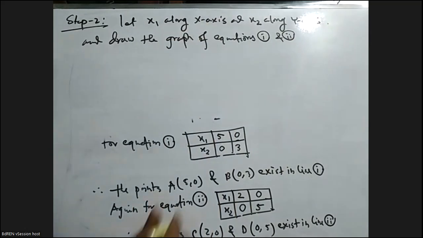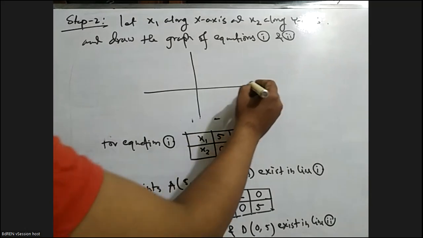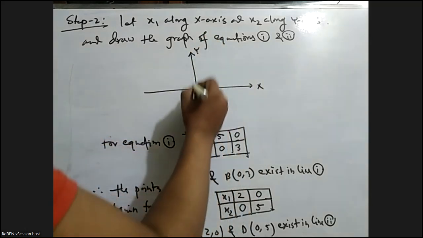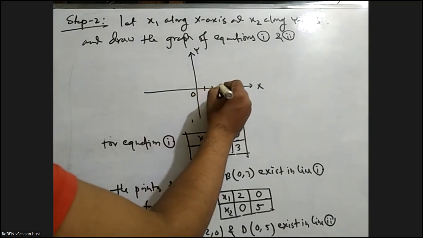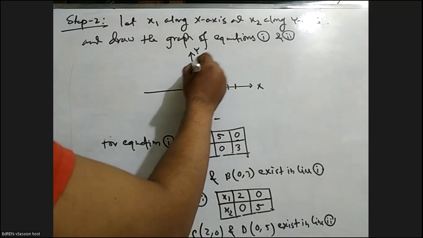So how can we draw the graphs? This is the x-axis, this is the y-axis and this is the origin. The highest value of x1 is 5 and x2 is also 5. 1, 2, 3, 4, 5 on each axis.